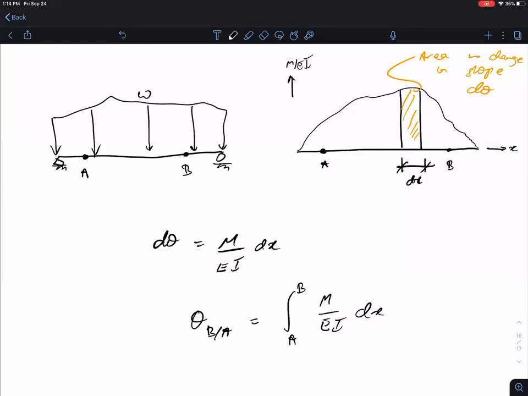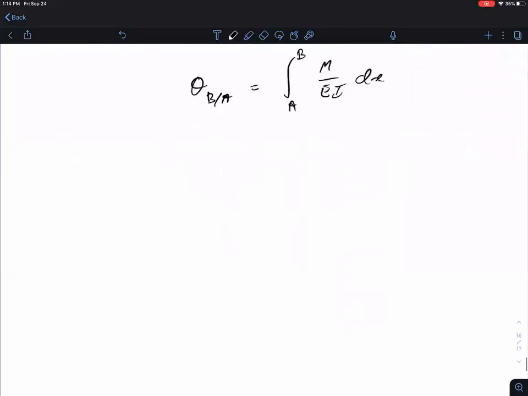Now, let's think a little bit more about what that angle represents. So let's draw the deflected shape of the beam.